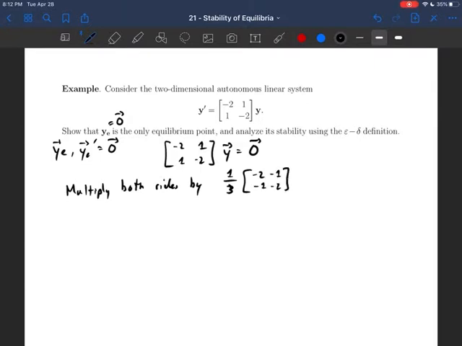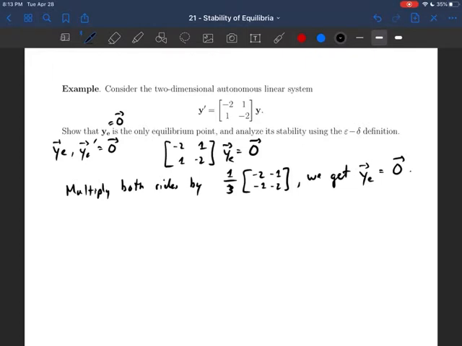So if we multiply both sides by the inverse, which is 1/3 times -2 minus 1 minus 1 minus 2, we get y on the left-hand side, identity matrix times y, equals, and on the right-hand side we get 0.